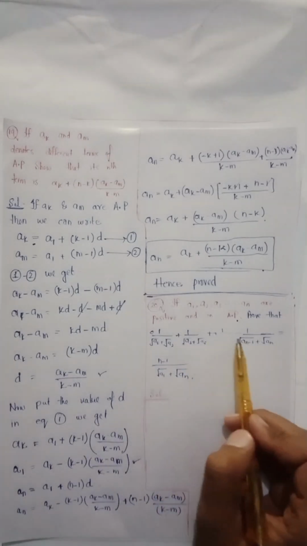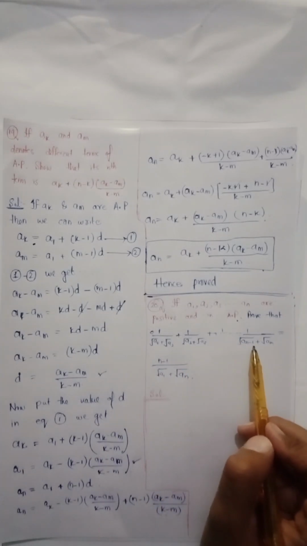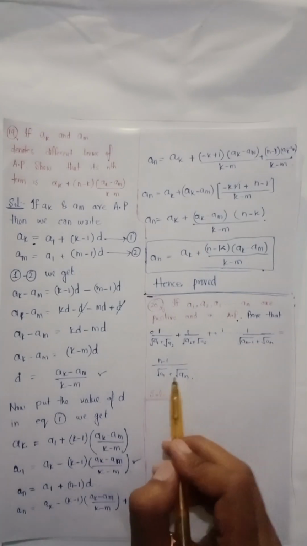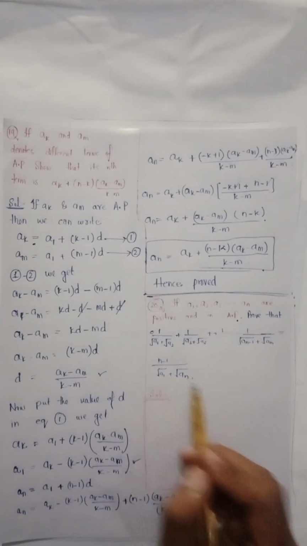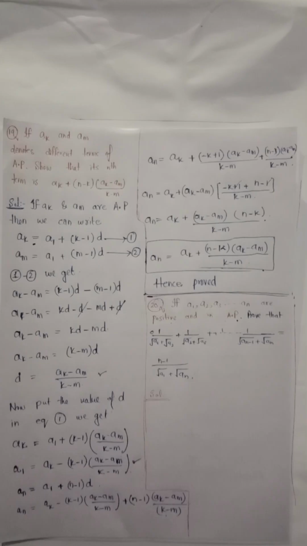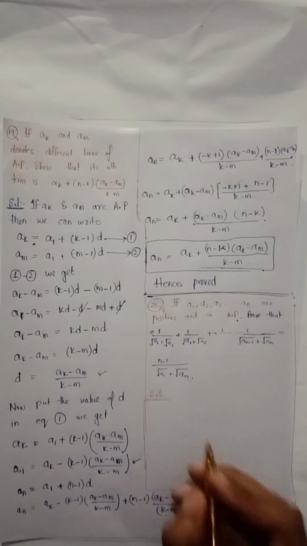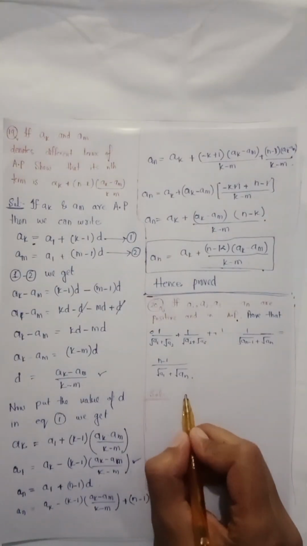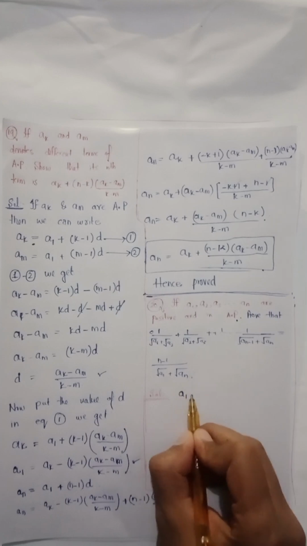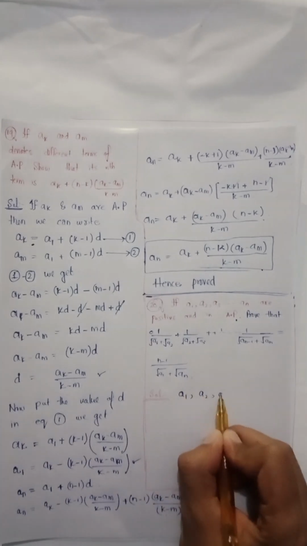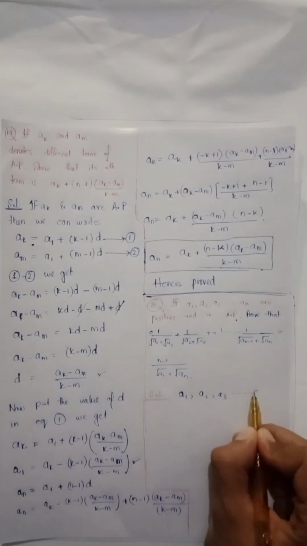For proving this we have a1, a2, a3 and so on an, those are positive and in arithmetic progression.